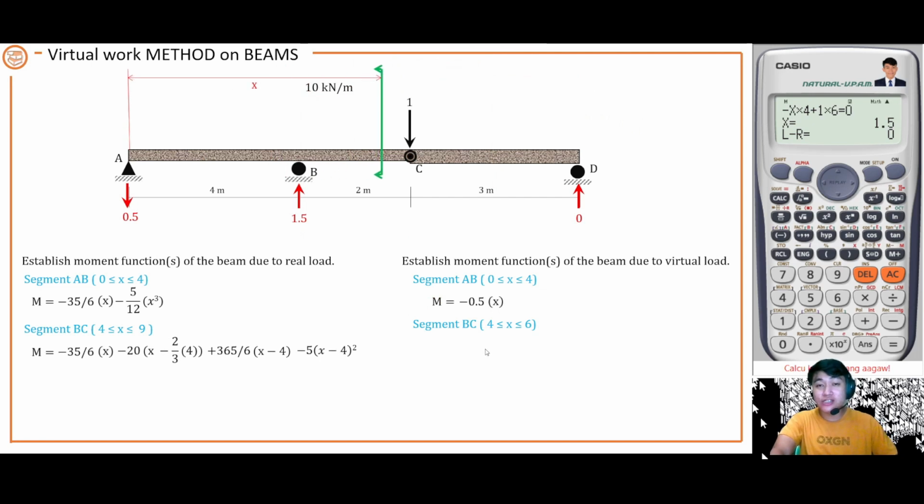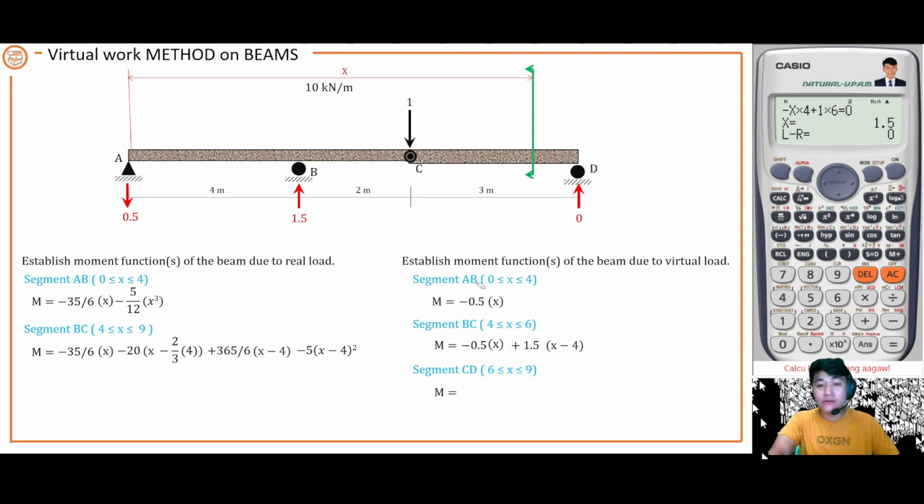Okay, let's move the cutting section. Let's take a moment about that cutting section. Okay, so we have negative 0.5 times x, and then this is clockwise, so plus 1.5 times x minus 4. Let's move the cutting section to the last segment.